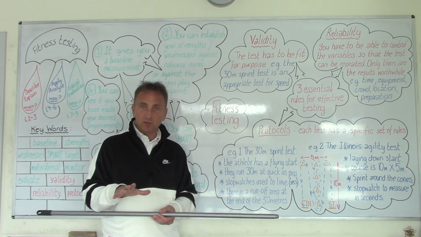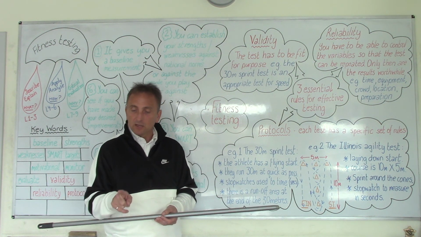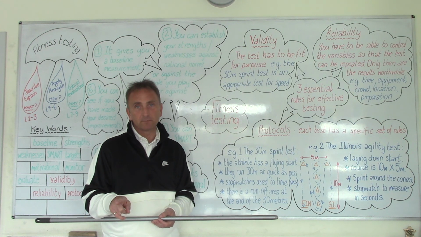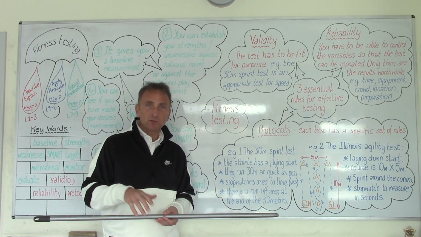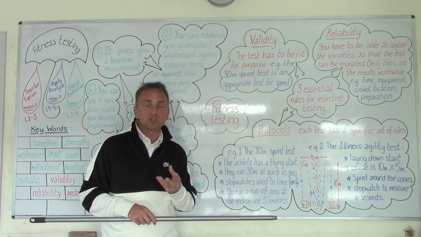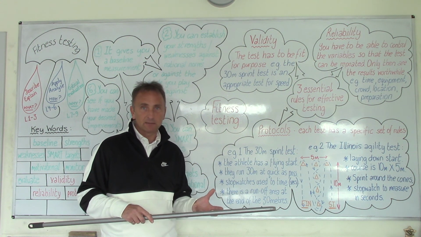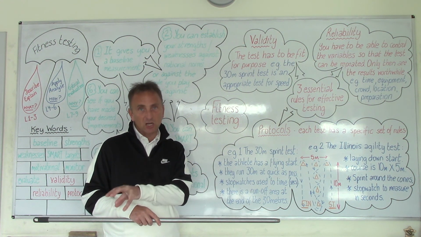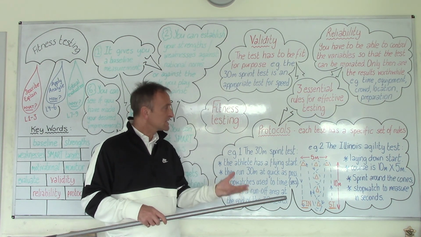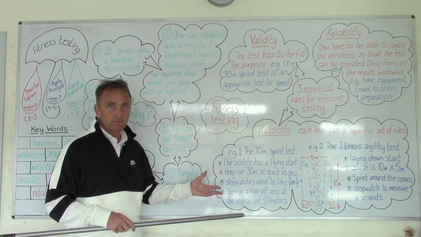The second thing you would say is that the runner has a flying start, so by the time he hits the first cone, he's running at his maximum speed. The next protocol would be that you have a stopwatch to measure the time it takes in seconds to get from the starting cone to the finishing cone. Okay, they're quite simple protocols for the 30-metre sprint test.